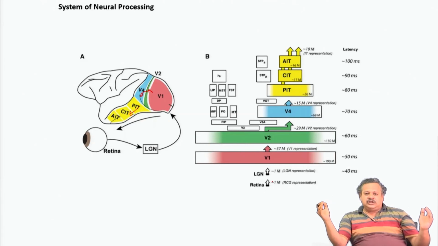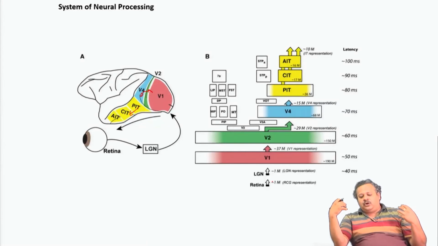So, this is where the most elemental description of the visual world is present, rather in terms of what we need in order to process information in the visual system. So, the spots of light get converted into many other features in the primary visual cortex.